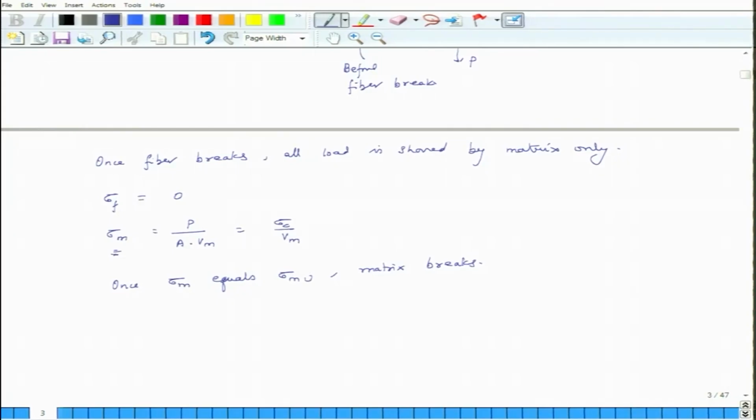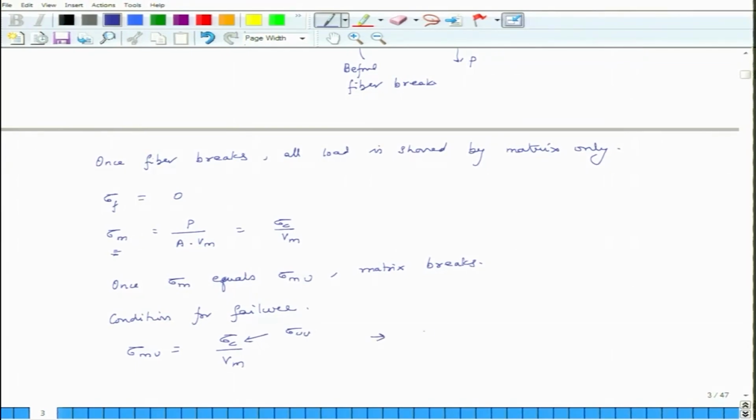So basically the condition for failure is sigma mu equals sigma C by Vm, and that is what I call sigma Cu, the ultimate strength of the composite.